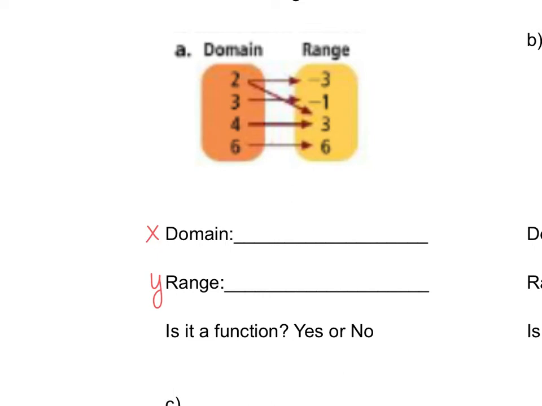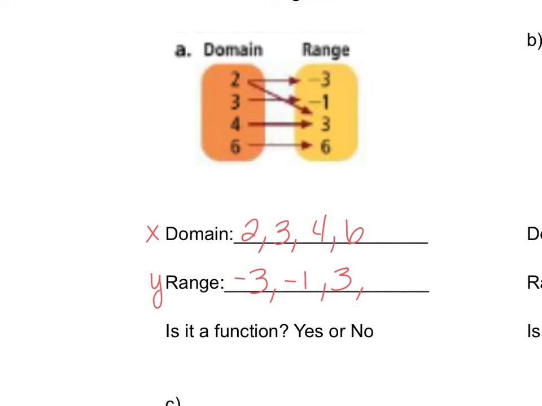This one's kind of a cheat. So you're literally going to write 2, 3, 4, 6. And then the range, you're just going to list them out. They have 4 of them: -3, -1, 3, and 6. That's a discrete relation, so that's how you list them, as a list, okay?